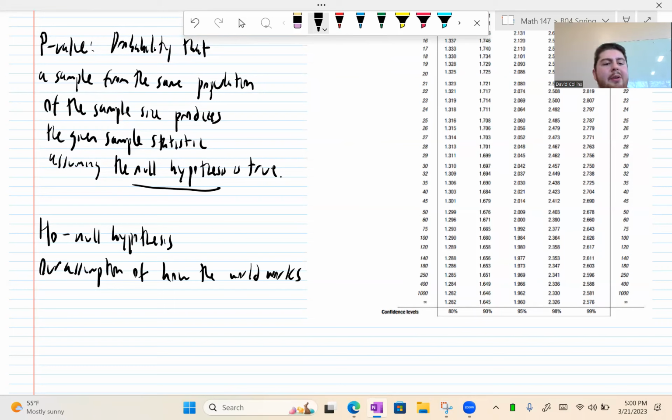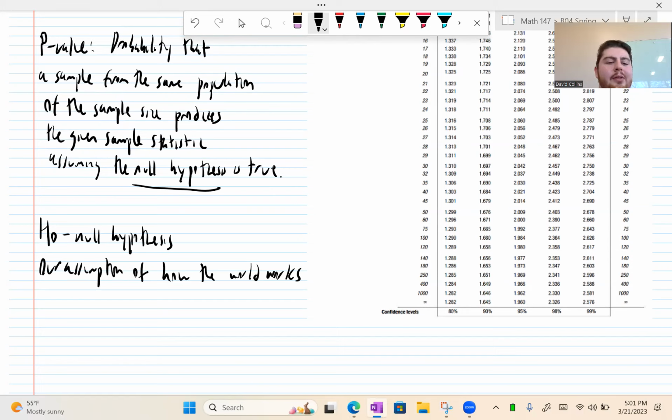So the p-value is the probability that we get whatever sample statistic we get, assuming the null hypothesis, our assumption of how the world works, is true. Because we always have to assume it's true, otherwise we don't know anything. And we're going to use hypothesis tests to prove or disprove our null hypotheses. Some of the homework examples are real life examples of how people use hypothesis tests to examine things, mostly in science fields.